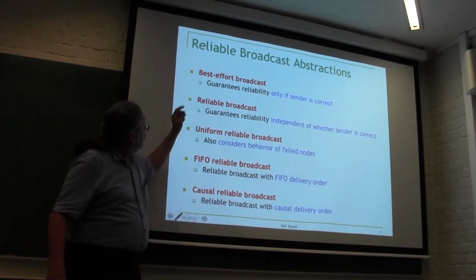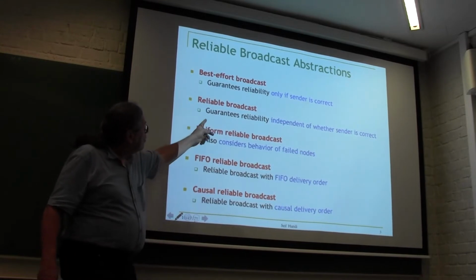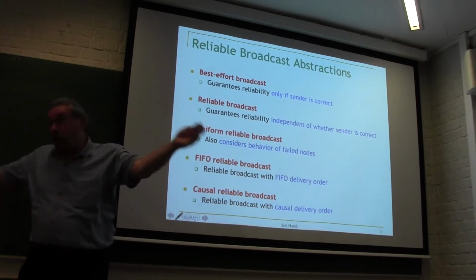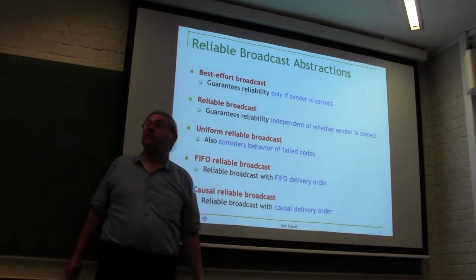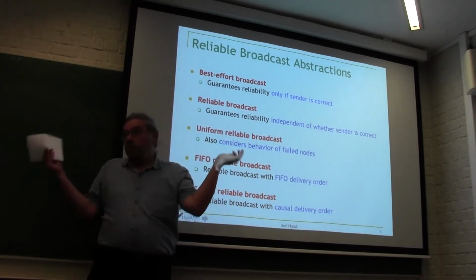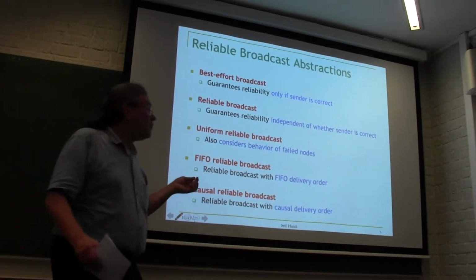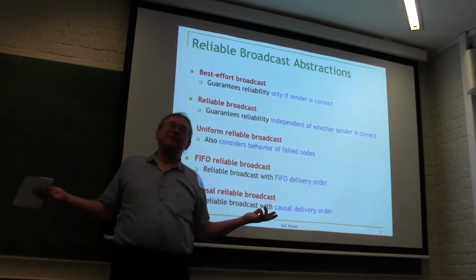The first one is called reliable broadcast. This one will actually allow the message to go everywhere, even if the sender crashes. So if you're sending a message and the sender crashes, you don't care. Everyone will get it. Or nobody, yeah? If the sender crashes too quickly, then we can't guarantee that.